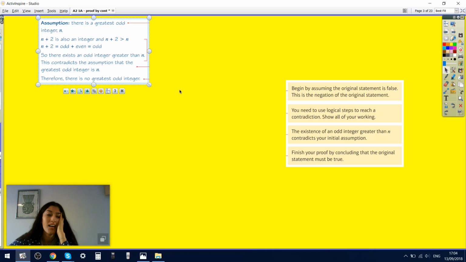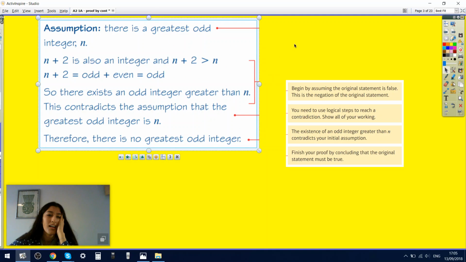So they did n plus 2, odd plus even is odd. So n plus 2 is greater than n, and it is odd.